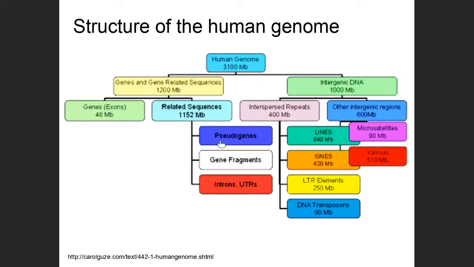And then these pseudogenes, we think about them as fossils of genes, meaning they maybe get transcribed, they don't get translated, but mostly we think about them as they used to be genes, but there was some mutation and they are no longer transcribed. So we don't see gene expression of that DNA sequence, but it seems like it's a gene.